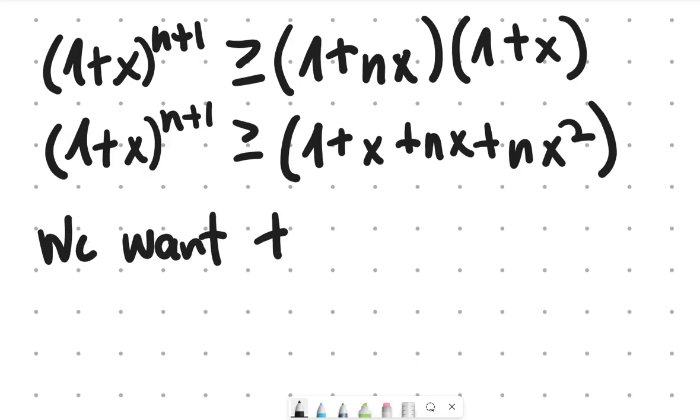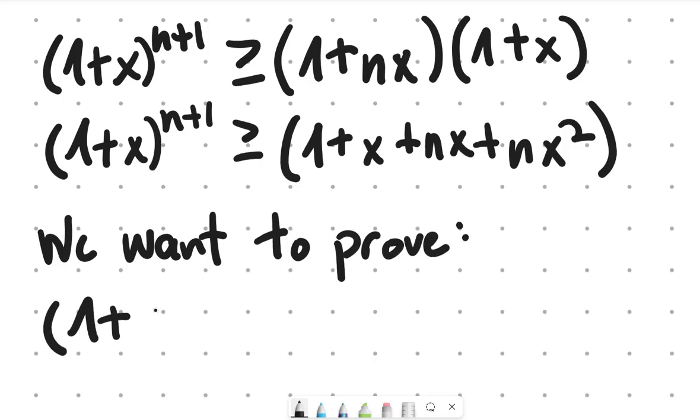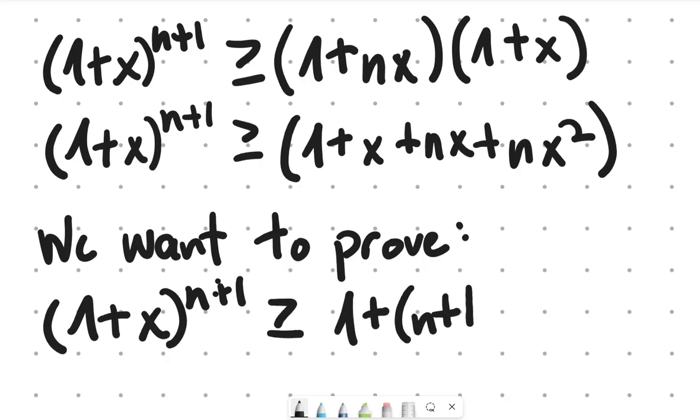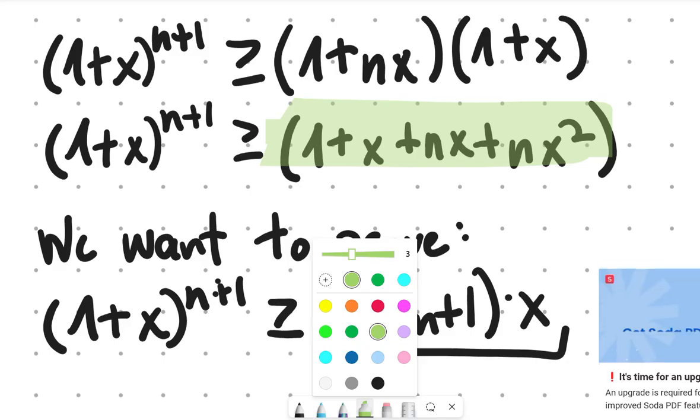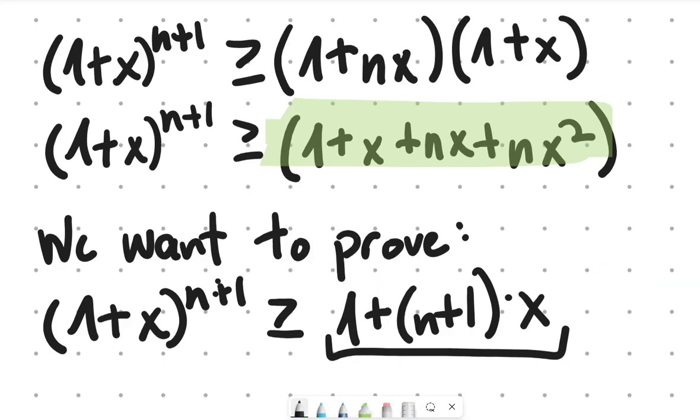We want to prove that (1 + x)^(n+1) is bigger or equal to 1 + (n + 1) times x. Now, we have to kind of have this on the right-hand side of this one. And if we have it, then we have proven the induction.